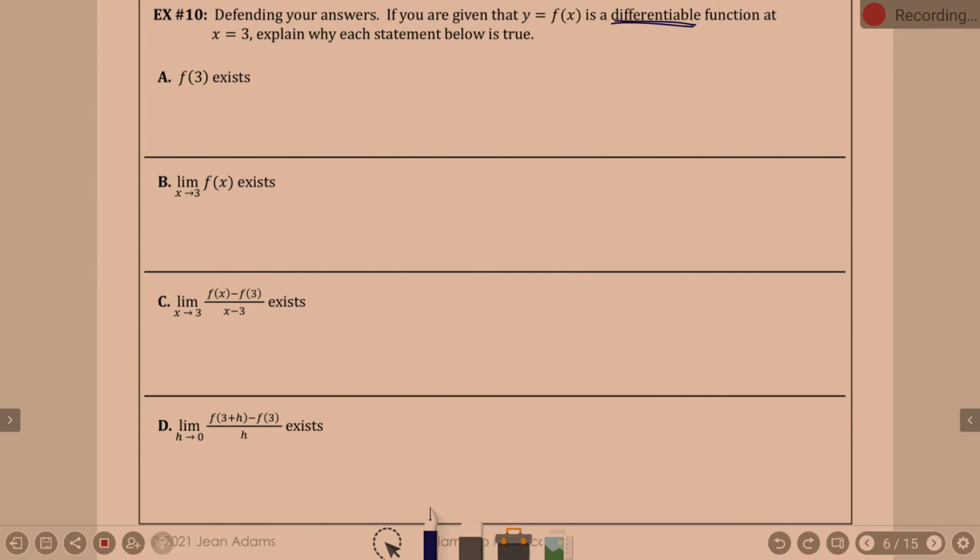If f is differentiable, then we know f is continuous. Well, if f is continuous, what must that say? That f of 3 exists. So if f is differentiable, then f is continuous, so f of 3 must exist. Basically, by showing continuity, we know that it exists.